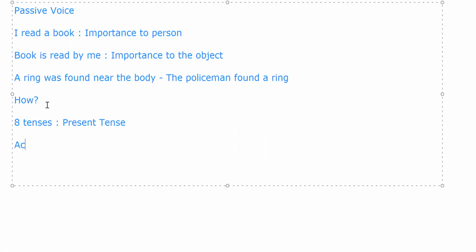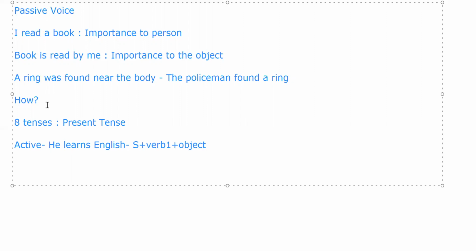I'll first write the active part of it: he learns English. That makes us derive the formula: subject plus verb's first form plus the object.